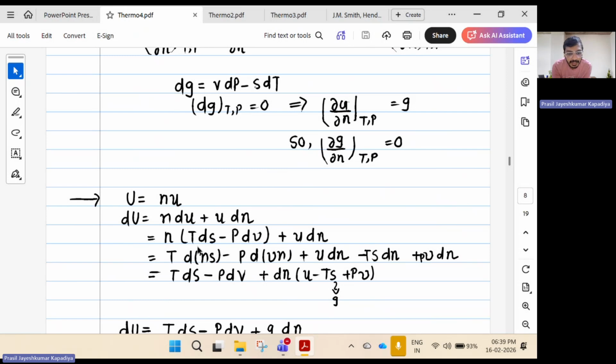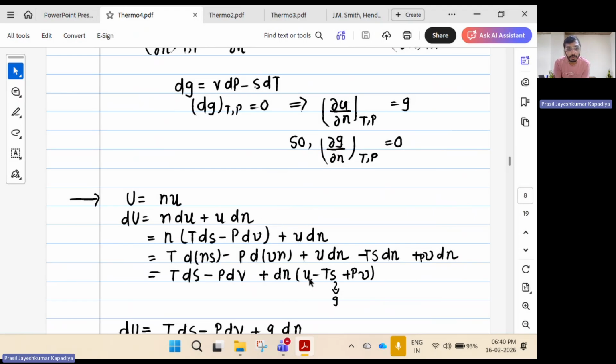So I am additionally writing s into dN by adding this, so I need to subtract s into dN, and it is multiplied with T. So minus Ts dN I subtracted. Similarly, I want to write this term as differential of V into N. As it is in minus, I need to add an additional term PV into dN. Correct? So these two terms are additional and udN remains as it is.